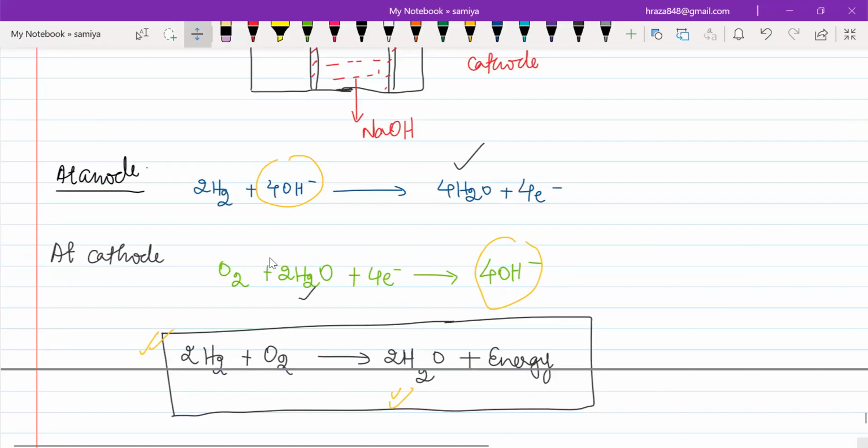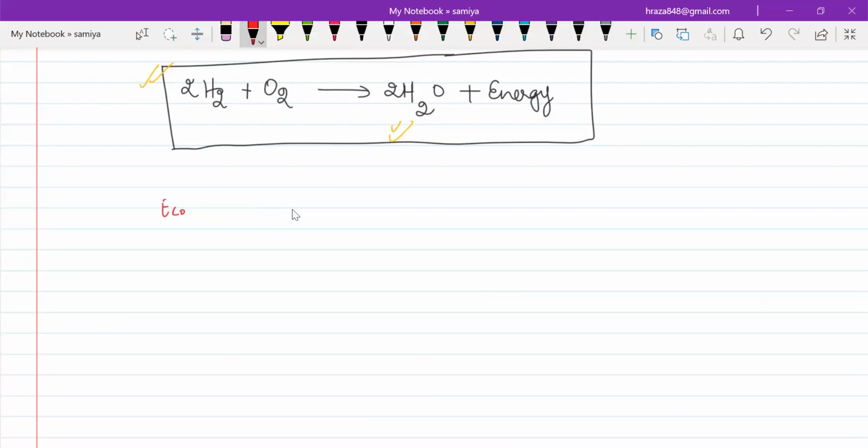So see, E cell from the Nernst equation, you know that E cell will be equal to E naught cell minus RT/nF ln Q, not K. So you know that at equilibrium, Q and K, you know the difference between Q and K. Yes or no?